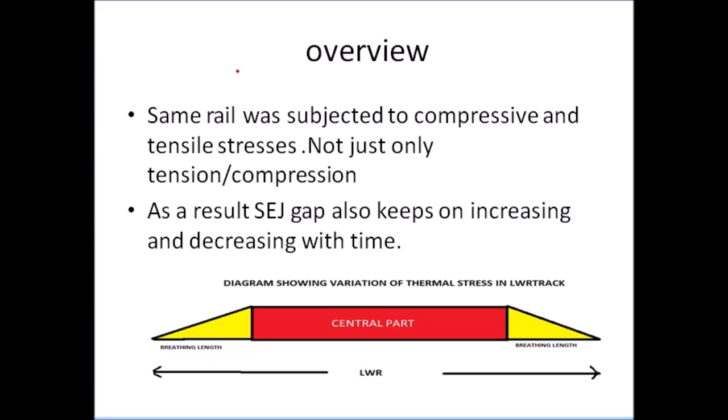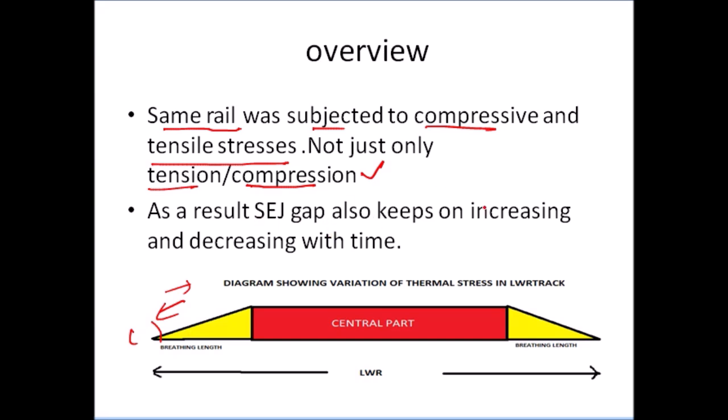I hope at the end of this session it is clear that the same rail is subjected to compressive and tensile stresses, not just only tension or only compression. So this criteria was clear to you. Because of that, whatever gap we have provided decreases and increases from morning to evening.